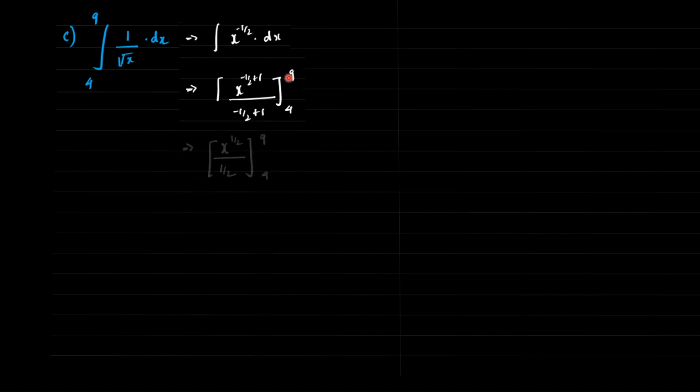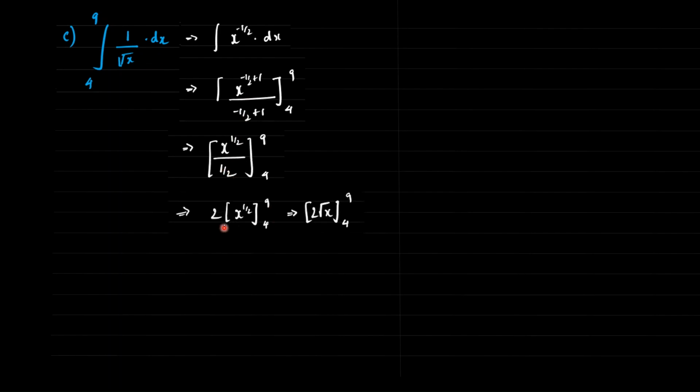When I simplify, I should be getting x raised to the power of half divided by 1 over 2, and 1 over 2 is a constant. That can be taken out, and when I take that out, it is going to be equal to 2 multiplied by x raised to the power of half, or also square root of x, both are one and the same.